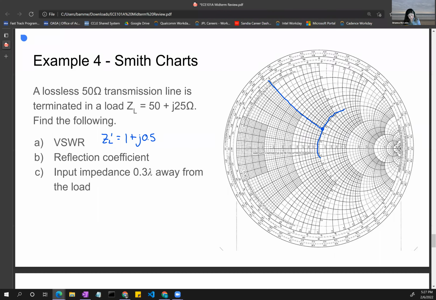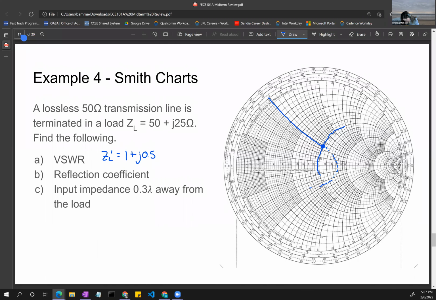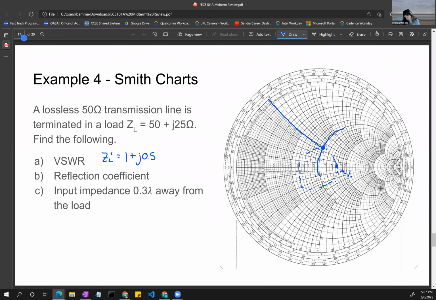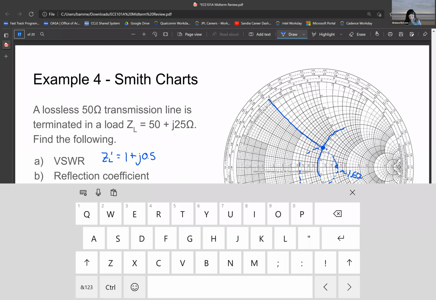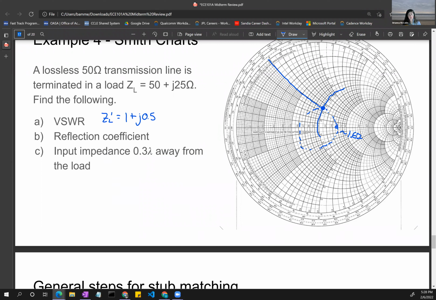That's going to be the location of the impedance on this chart. Now if we draw a circle around here, okay, that's a really terrible circle, but if we had drawn a nice circle, we would see that this intersects at about 1.62. So does that make sense to everyone?